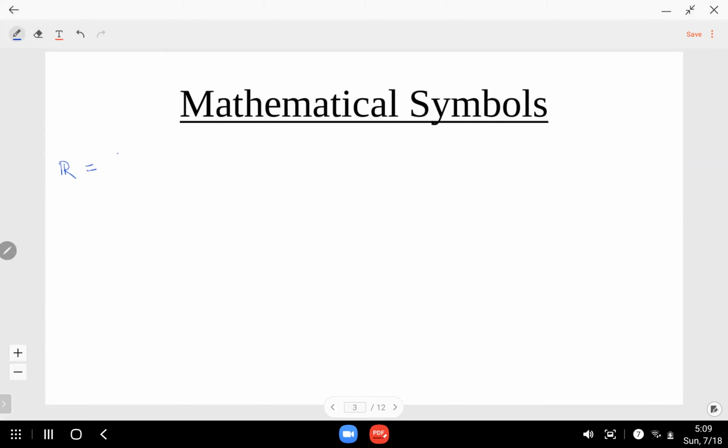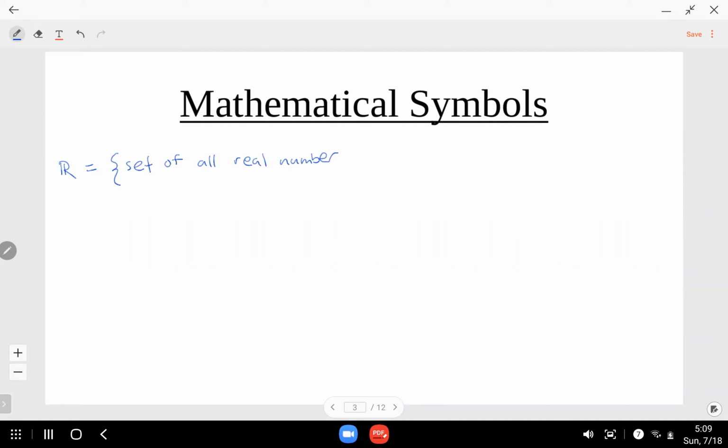Basically, what R means is that it is a set of all real numbers. So when you're trying to denote that a number is real, then you can use R. And why am I touching up on this? Is because we're going to use this later.